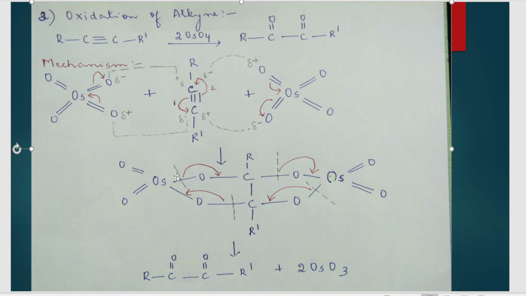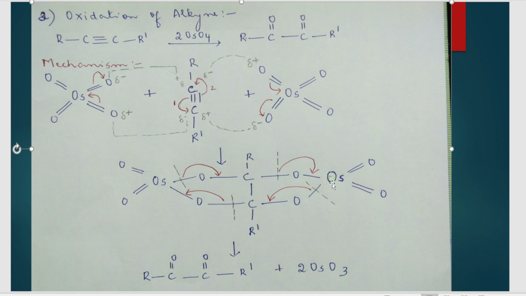So here you can see this bond breaks and shifts towards this oxygen and carbon bond. So what do you get? R, C double bond O, because this bond has broken here and shifted this side. Correct. And what is happening here? This bond has broken here and has shifted that side.